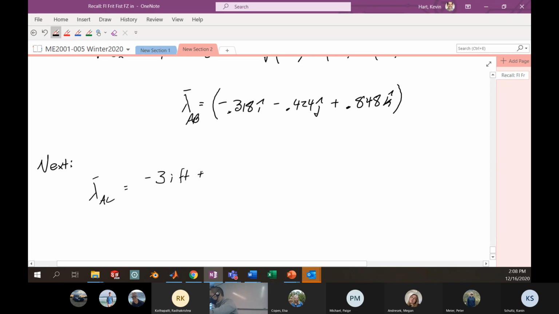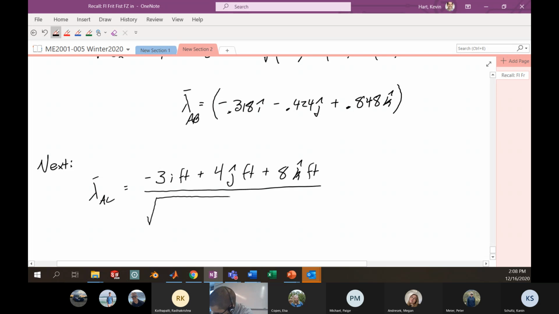Let me organize my stuff here a little bit better. All this normalized by the total distance between the two. And again, that's just my distance formula, the square root of the sum of the squares of the components. Negative 3 squared plus 4 squared plus 8 squared.